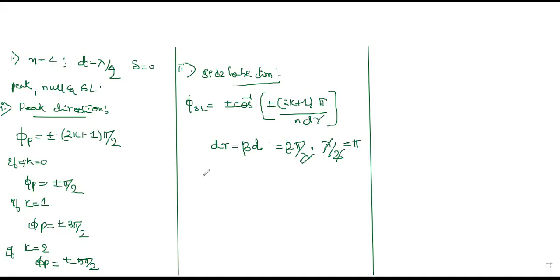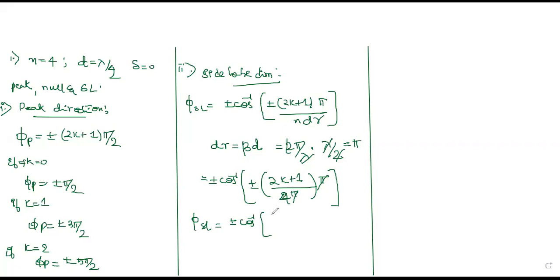Substitute it here. So you will get plus or minus cos inverse of plus or minus (2k plus 1) divided by pi into 4, the n value, into pi. So again, pi and pi get cancelled. So you'll be left with phi SL is equal to plus or minus cos inverse of plus or minus (2k plus 1) by 4.